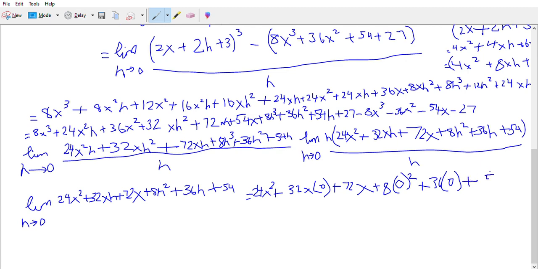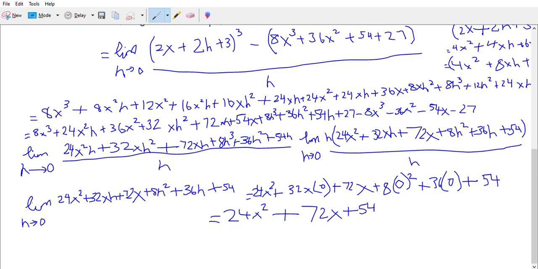And now, all that is remaining after over 20 minutes of work is 24x squared plus 72x plus 54.